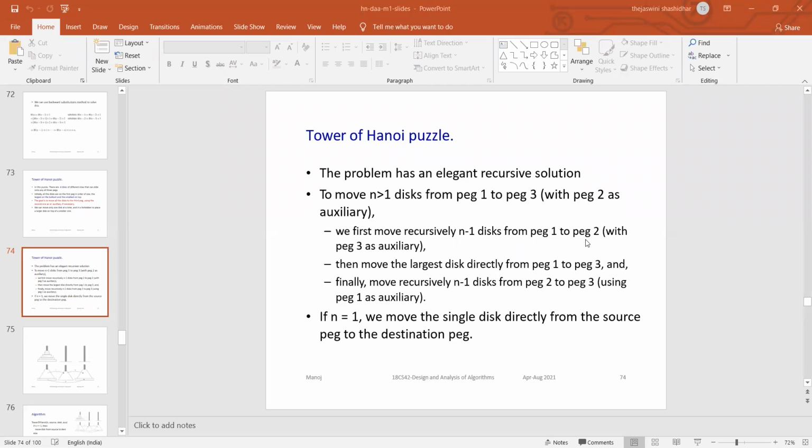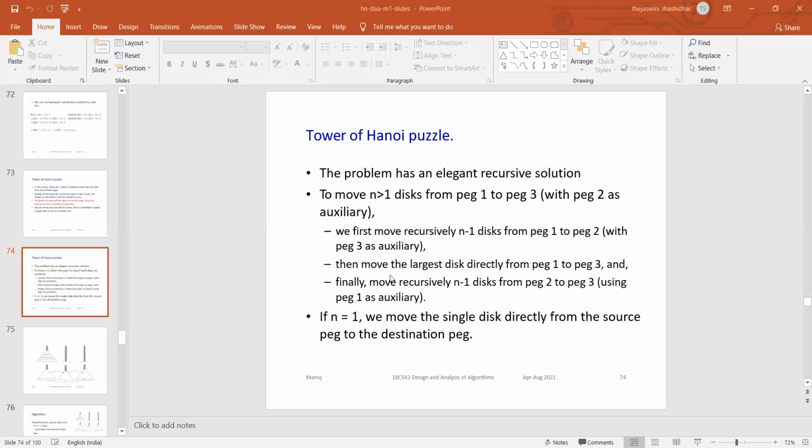Disk 1 is the upper disk. Disk 3 is the lower disk. Now you move disks 1 and 2, that is n minus 1. What are all the disks you have apart from the last disk? The largest disk is called the last disk. Move all n minus 1 disks from peg 1 to peg 2.